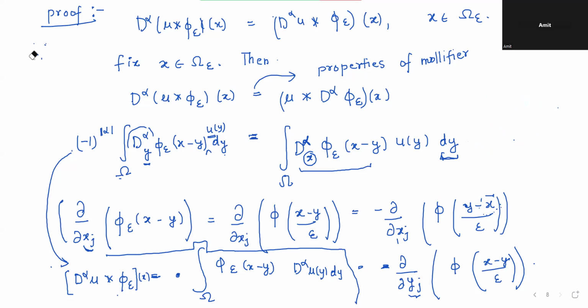My question is that first you are taking the derivative with respect to x. After that you are changing to y. How is this possible? x and y both are variables.